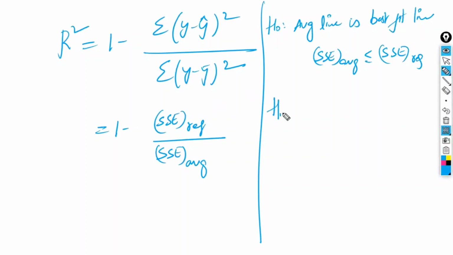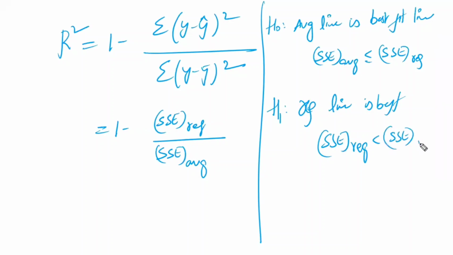Now the statistician says no, the average line is not the best fit line, the regression line is the best fit. What is the meaning of that? SSE of regression is less than SSE of average.